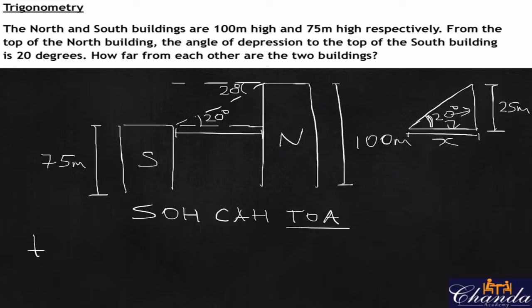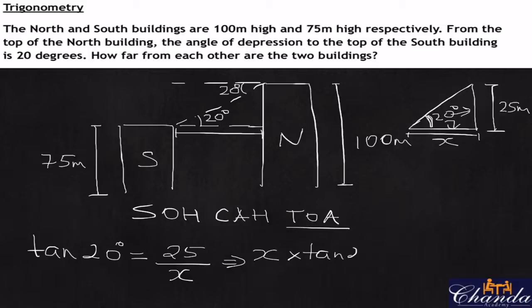So tan of 20 degrees is equal to the opposite side, which is 25 in this case, divided by the adjacent side, which is x in this case. Then, using a little bit of transposing, we have x times tan of 20 is equal to 25. And then finally, rejigging this, we have x equals 25 over tan 20 degrees.